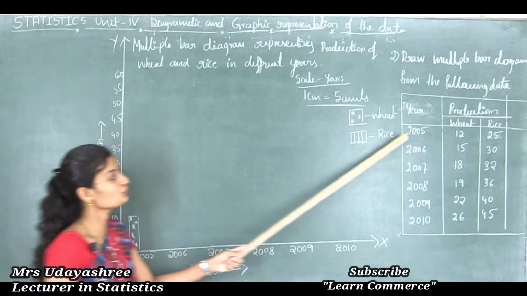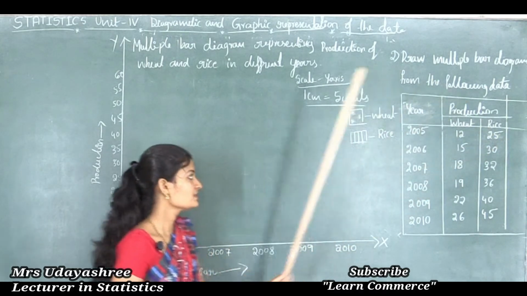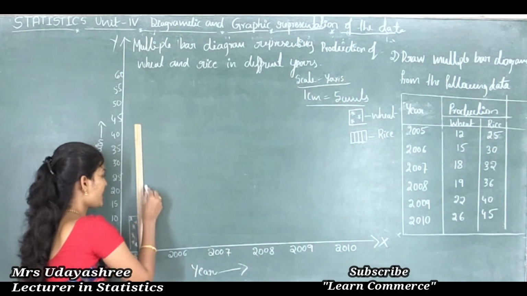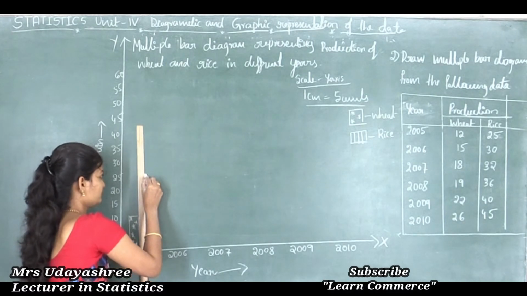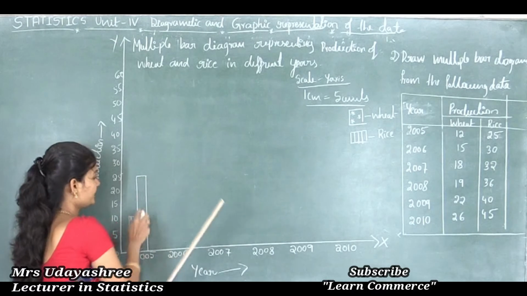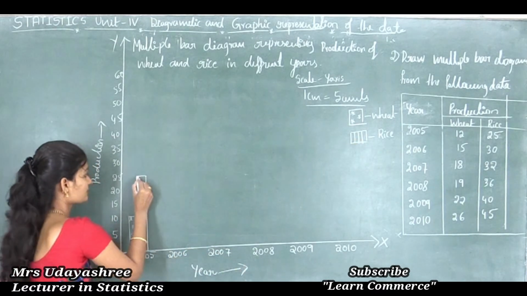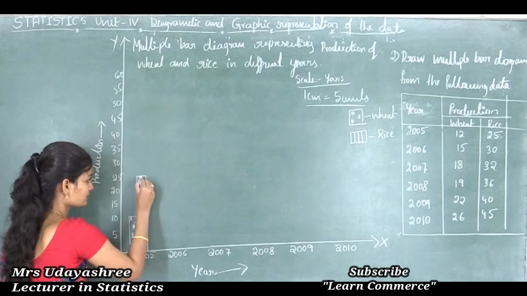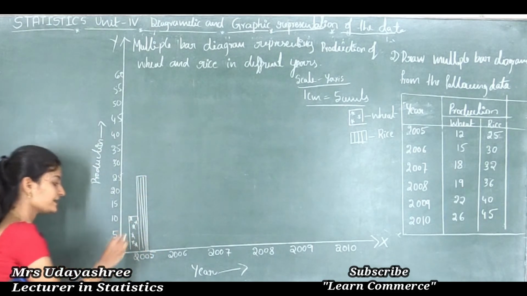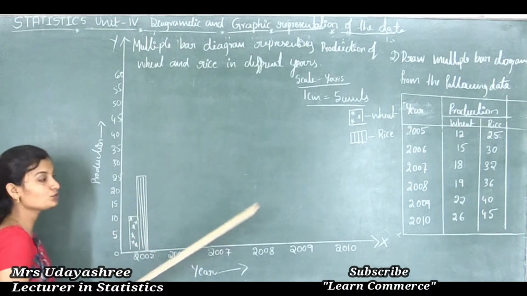Next, in 2005, the production of rice was 25 ton. So 25 comes here, and here I will draw one bar like this. This bar indicates production of rice, and the rice mark is like this. This bar indicates production of rice in the year 2005. Next, move to 2006.